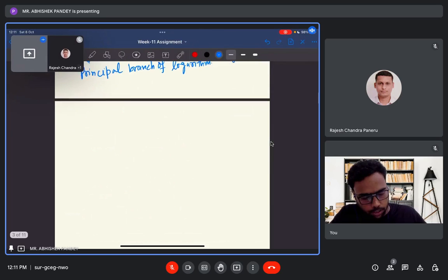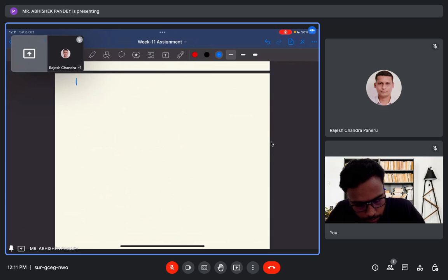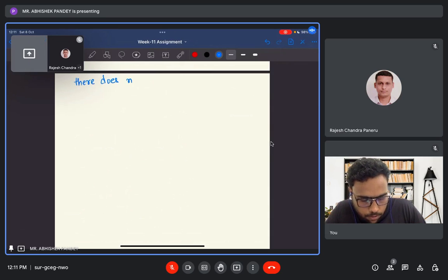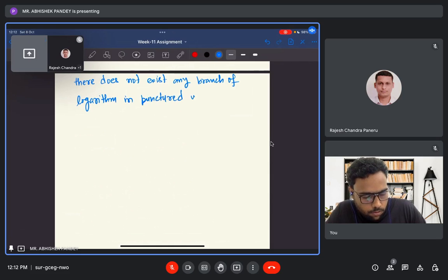So basically you can prove that there does not exist any branch of logarithm in the punctured unit disk.